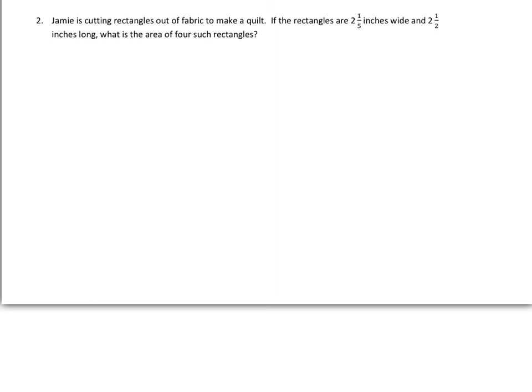Number 2 says, Jamie is cutting rectangles out of fabric to make a quilt. If the rectangles are 2 1/5 inches wide and 2 1/2 inches long, what is the area of 4 such rectangles? Let's start by finding the area of just one of those rectangles. Let's take 2 1/5 and multiply it by 2 1/2.